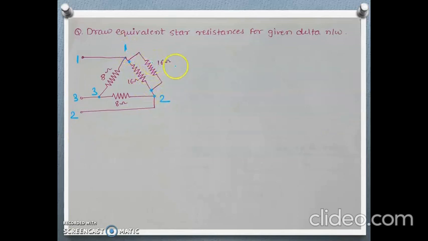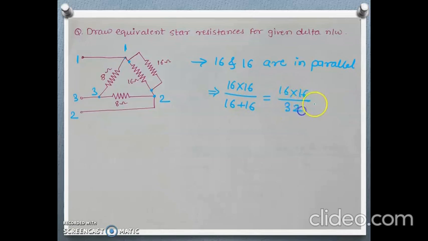So this 16 and 16 are connected in parallel. First we will calculate its equivalent: 16 into 16 divided by 16 plus 16, which is 16 into 16 divided by 32, and this will be 8 ohm.